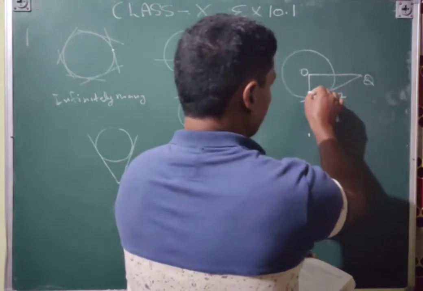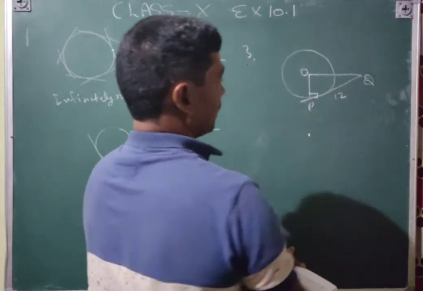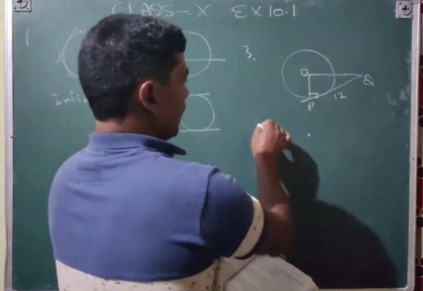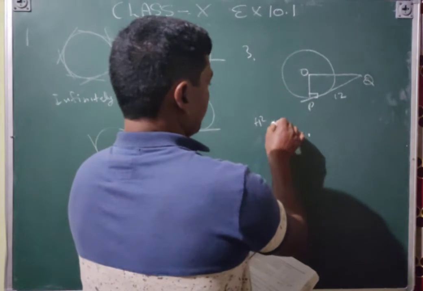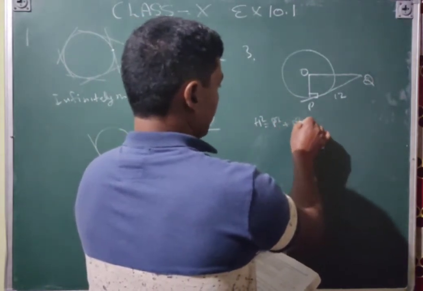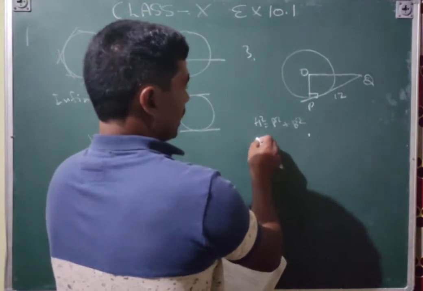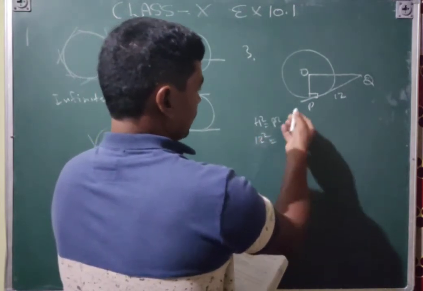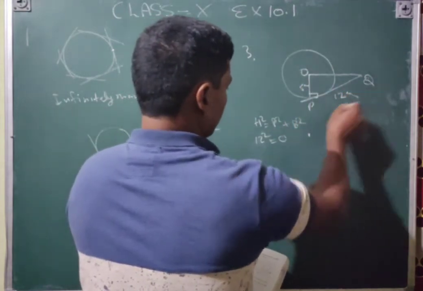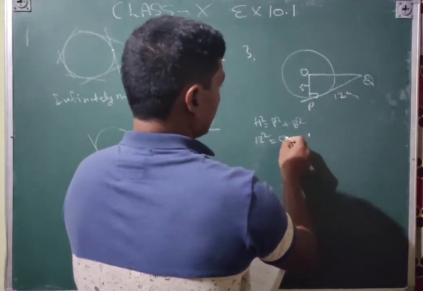So here this must be 90 degrees. So what will we do here? H squared is equal to P squared plus B squared. So H is 12, squared, is equal to, perpendicular you can write anything, and this is the 5 cm.